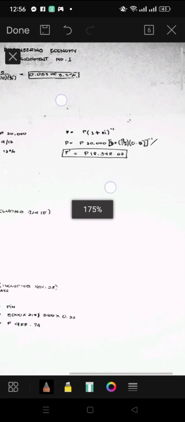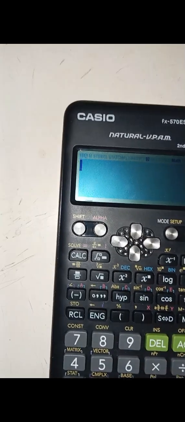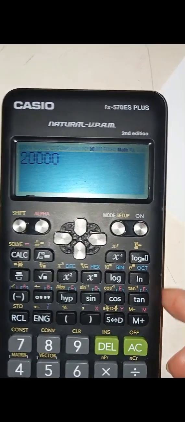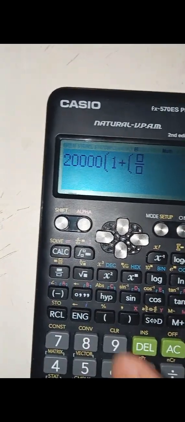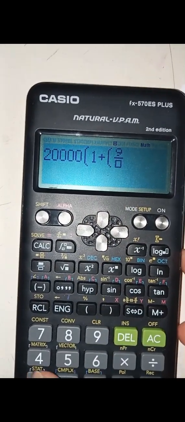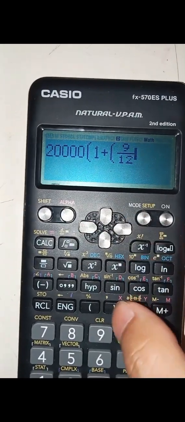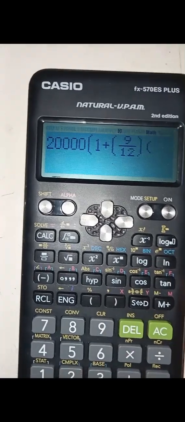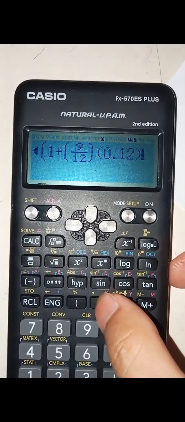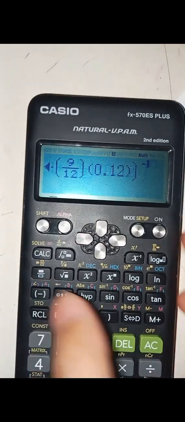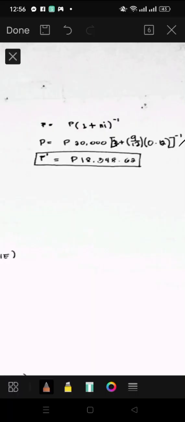To make it easy, let's plug it into our calculator: 20,000 times the quantity 1 plus 9 over 12 times 0.12, to the power of negative 1. That's why we get 18,348.62 pesos.